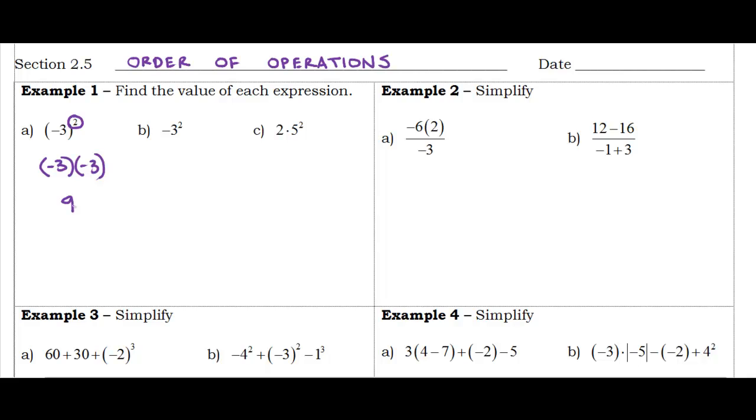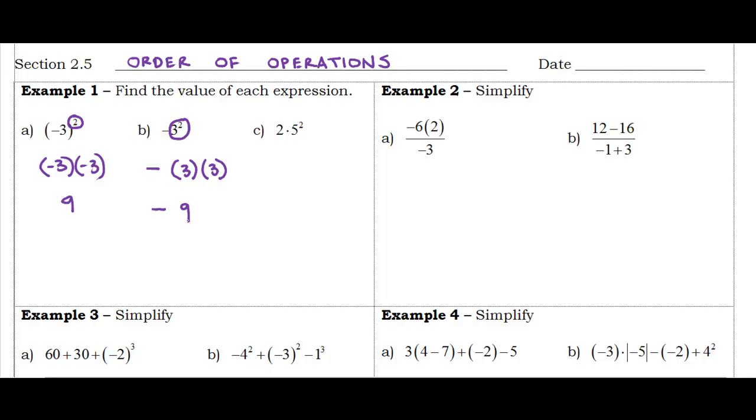Whereas in B, since we don't have parentheses, it's like the negative is way over here, and who only appears twice? The 3. It's unfortunate, but this is true. And so we get what in this case? -3. Or so -9, right.